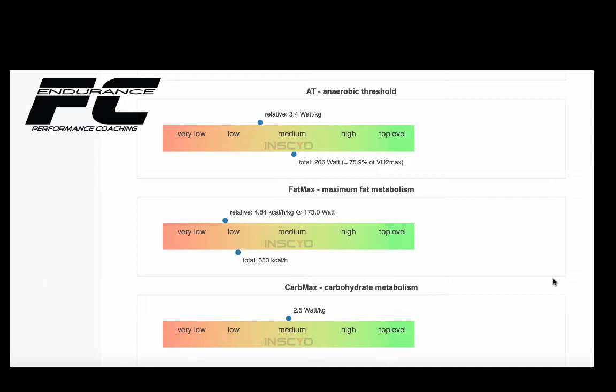So carb max is the intensity, the power, at which the combustion of carbohydrates reaches about 90 grams per hour. Lots of studies indicate that that's pretty much the upper limit of what we can absorb. 90, maybe 100. Doesn't mean that we can't take in more, but that's about the limit of what we can absorb, and even that is tough.